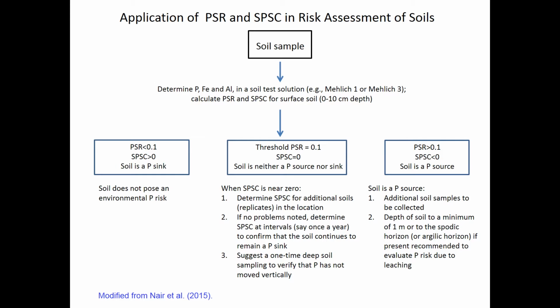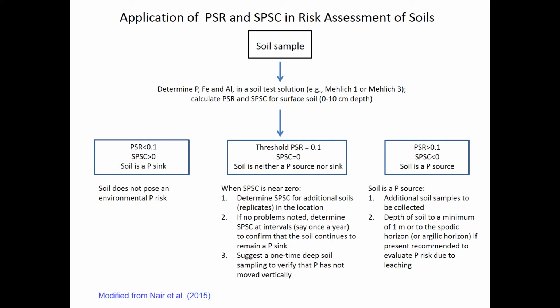Calculate the PSR and SPSC for the surface soil, 0 to 10 centimeter depth, or maybe 0 to 15 centimeter depth if it's for agronomic purposes. And when the PSR is less than 0.1 and the SPSC is greater than 0, the soil is a P sink. The soil does not pose an environmental P risk.